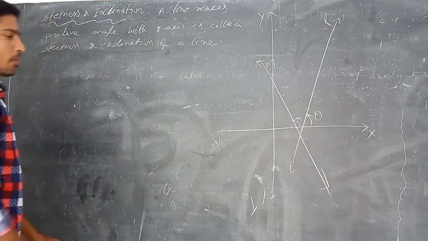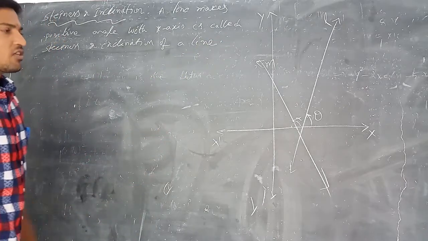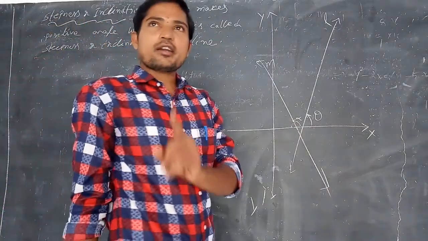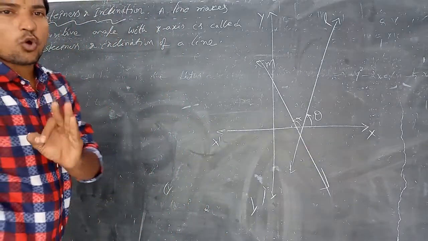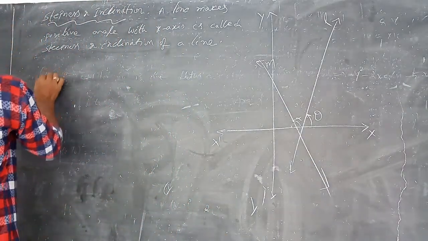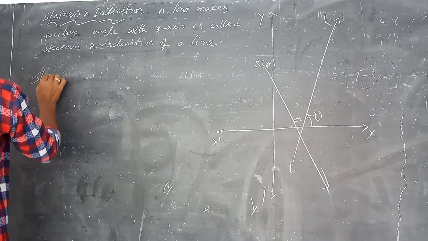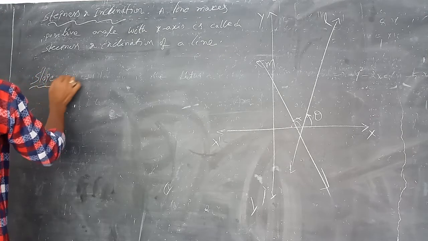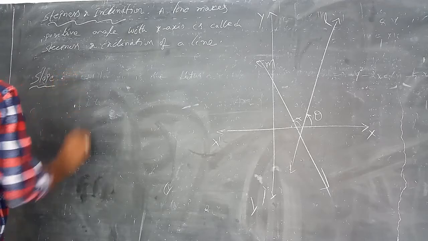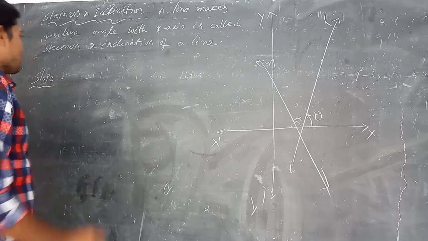Suppose the steepness of a line is theta, then tan theta is called the slope of the line. Very important thing is slope.